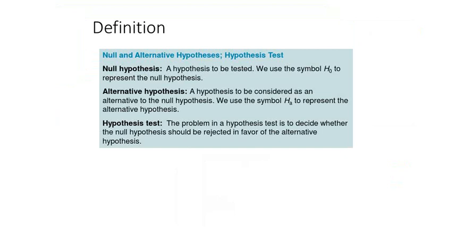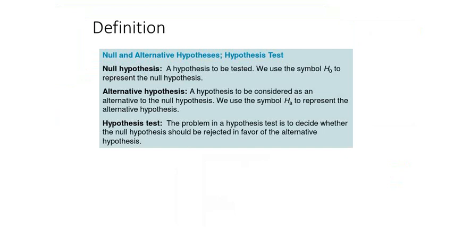So we need to define a few terms. First of all, we have something called a null hypothesis. A hypothesis is a guess. It is an educated guess and one to be tested. This is the science part of statistics. We are coming to some sort of conclusion, and we want to test whether or not that hypothesis, that guess, is correct. Now, there's either a null hypothesis or an alternate hypothesis.